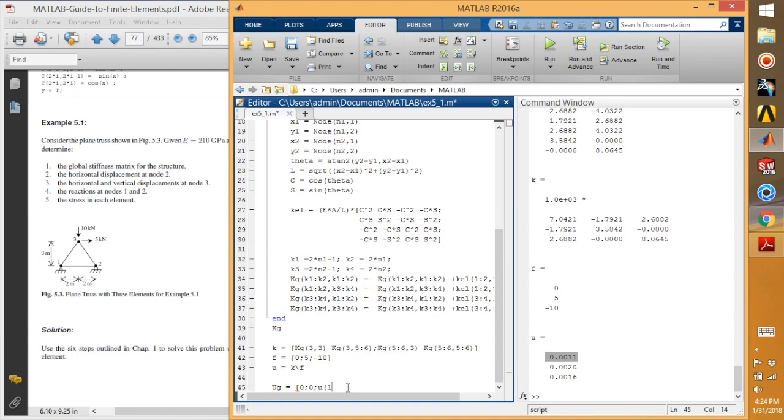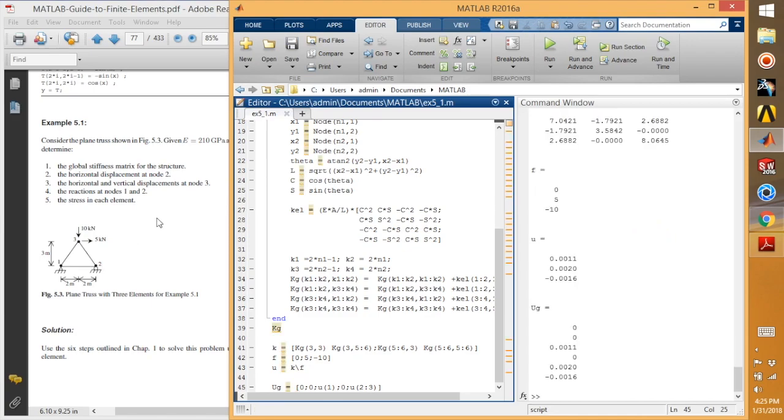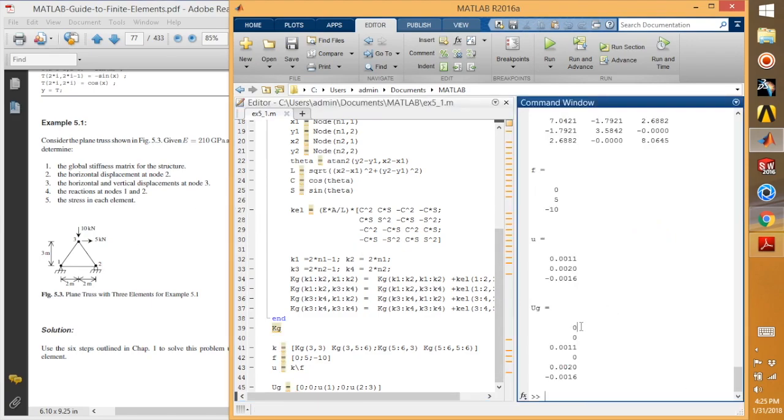Then we know we have 0 displacement for node 2 in y direction, so simply 0, and then U 2 to 3. So this is the global displacement. Node 1 0 0, node 2 only horizontal, and node 3 horizontal and vertical.